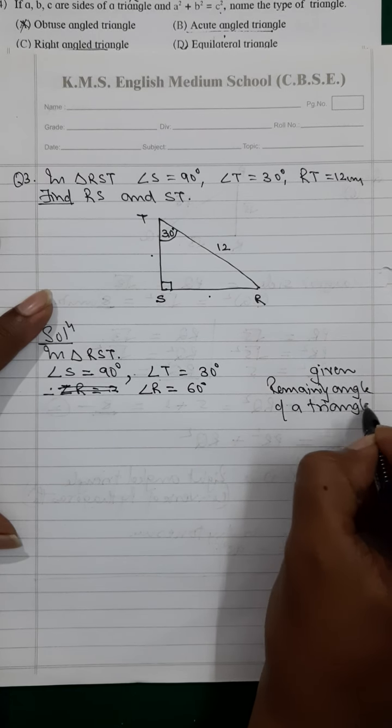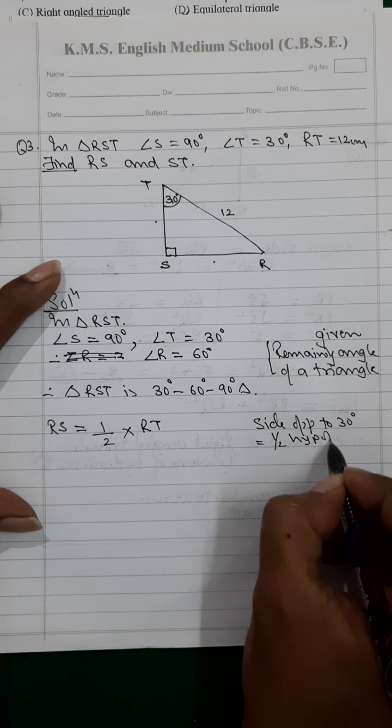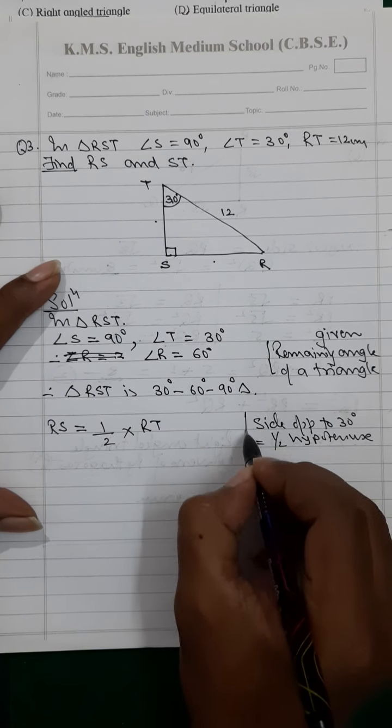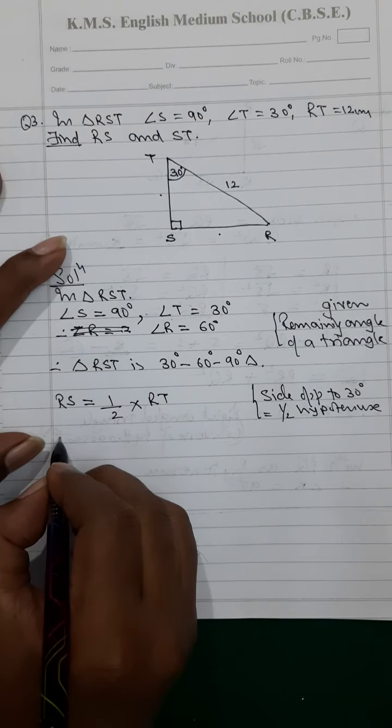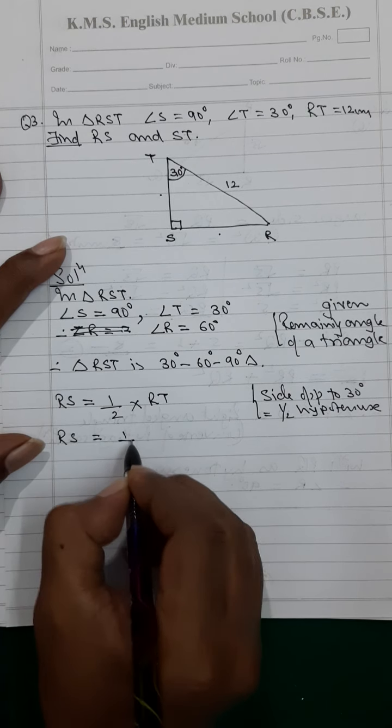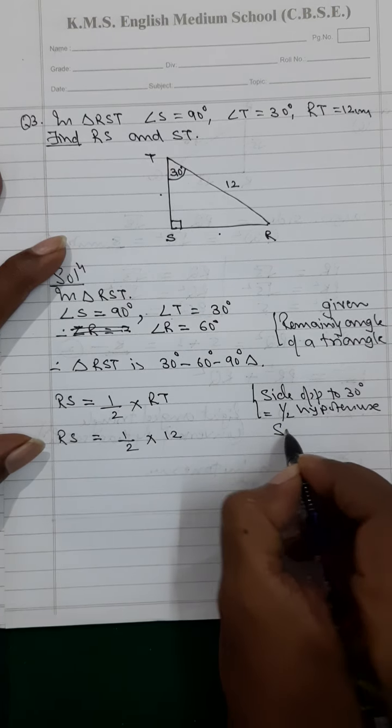So now we have to calculate RS and ST. RS is the side opposite to 30 degrees. So RS will be, by formula, half of the hypotenuse. Hypotenuse is RT. Side opposite to 30 degrees is equal to half of hypotenuse. Now you substitute, RT is 12.